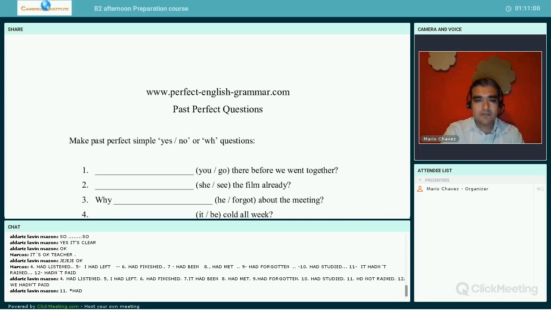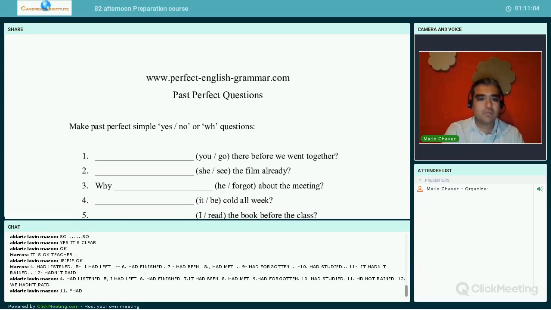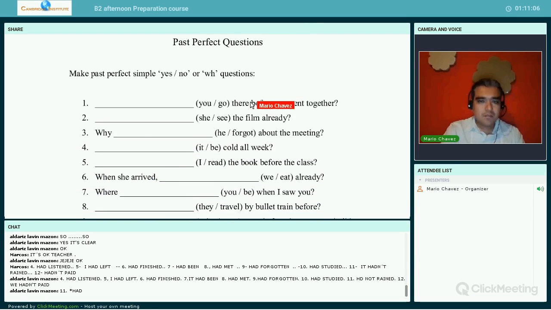The first one says, "You go there before we went together." How can we make the questions in this case? If we make these past perfect questions, we might say, had you gone there before we went together? Number two, she see the film already.